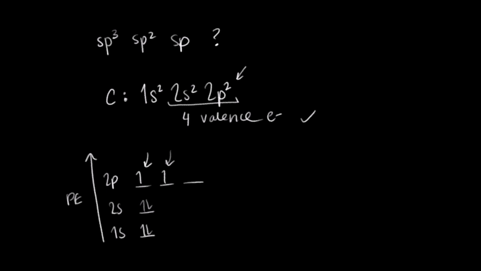So let's take a look at the molecule CH4, or methane, right? We can see that in this case carbon is bonded 4 times, and this carbon does have an sp3 hybridization. Now, what does that mean? What's happening with an sp3 hybridization is that your 2s orbital and your 3 2p orbitals, so these 4, are going to hybridize and form 4 orbitals that are at the same energy level.